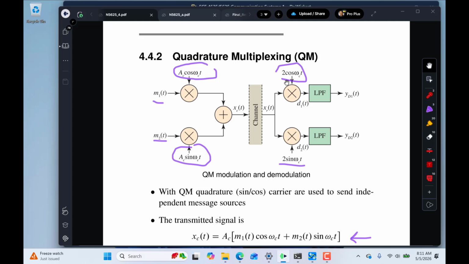This is also a fundamental concept, but it's actually the concept that's used in digital modulation all the time, where you have in-phase and quadrature. It could be analog in-phase and quadrature.